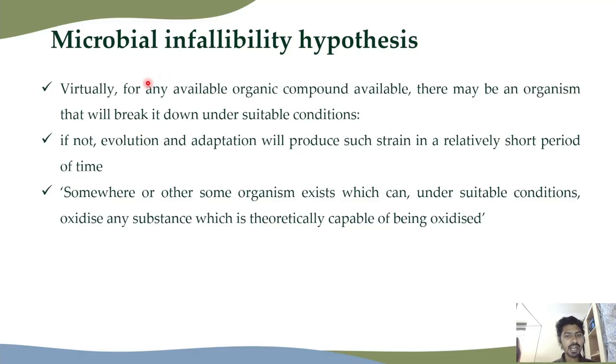Evolution and adaptation will eventually create one within a short period of time. So for every organic compound that exists on the earth, there will be one microorganism that will help in degrading it. If no organism exists, what happens during evolution through adaptation?